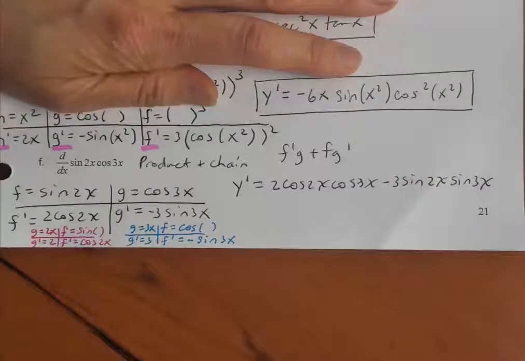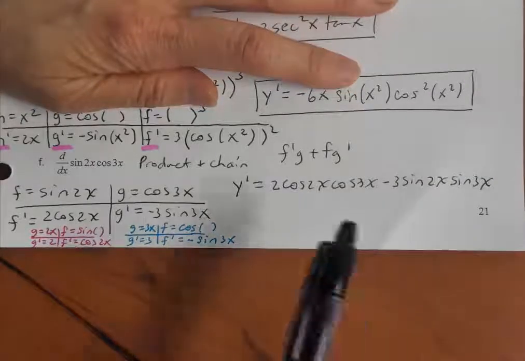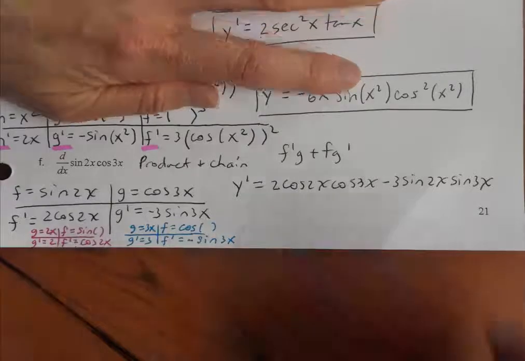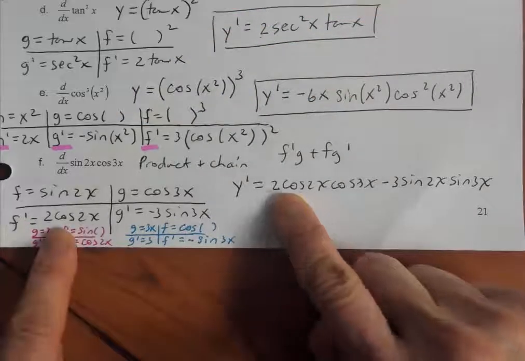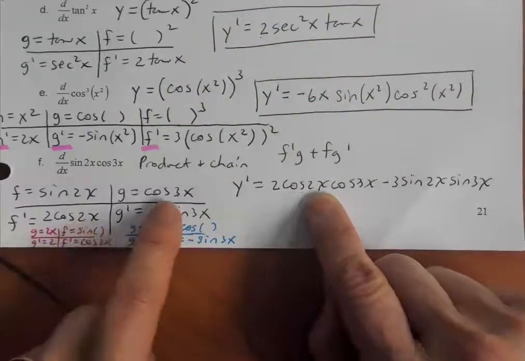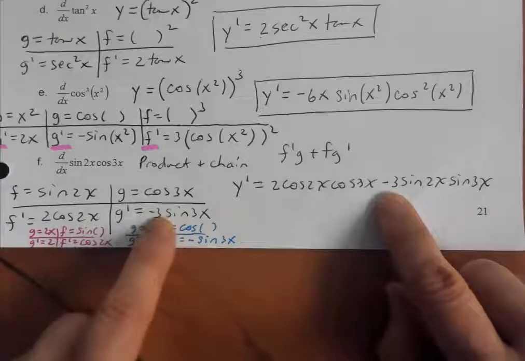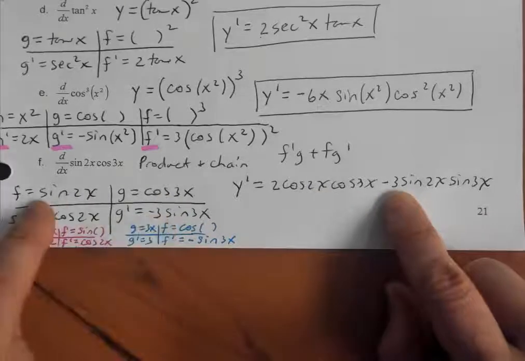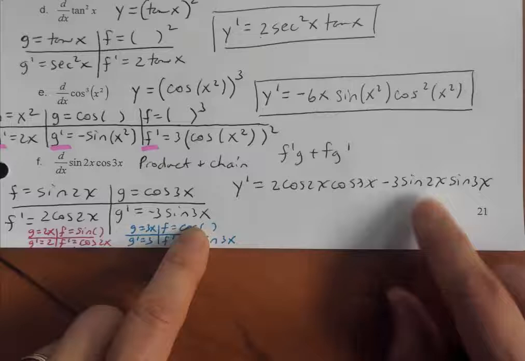Is that right? Did I mix something up? Wait a minute. Let's see, 2 cosine of 2x, cosine of 3x, that's right. And then it's plus, but it's minus here. 3 sine of 2x, nope, I think that's right.